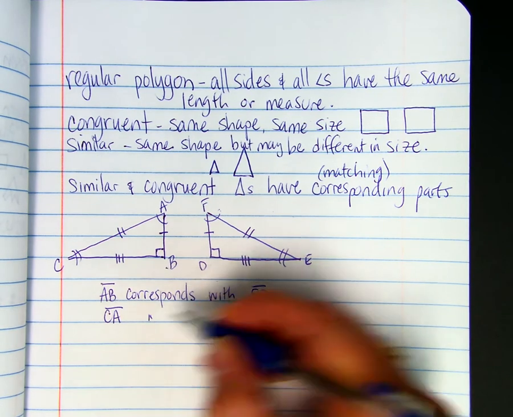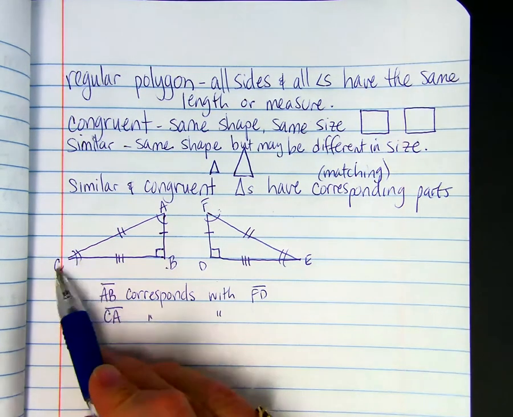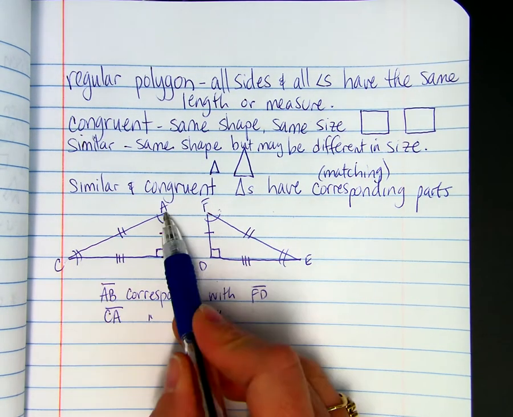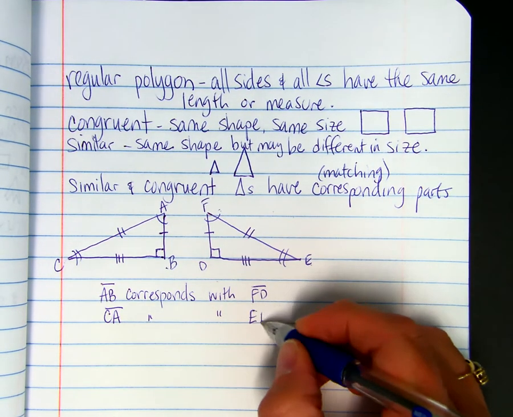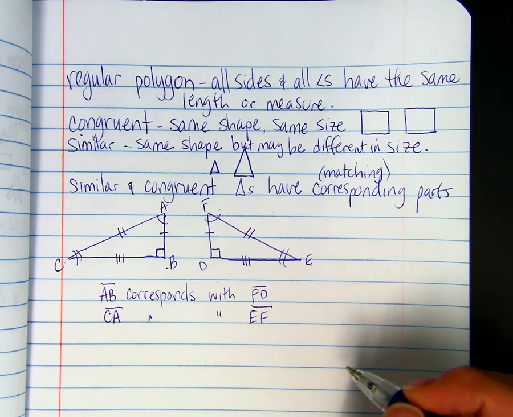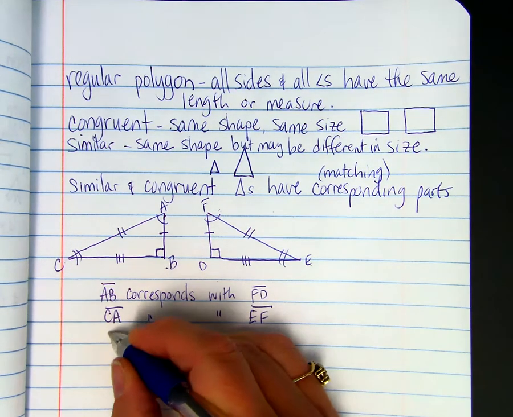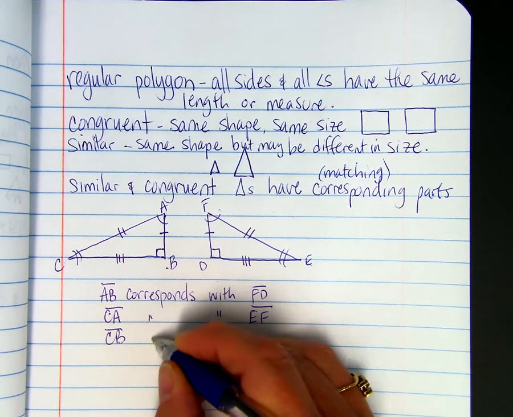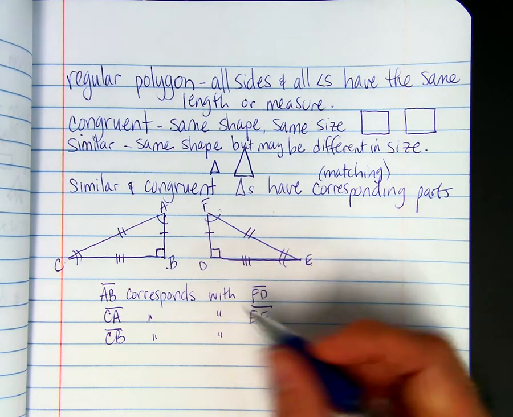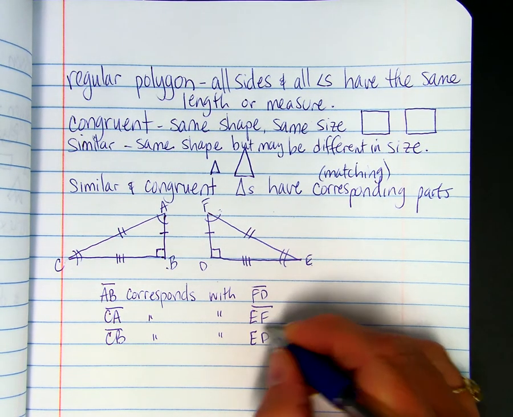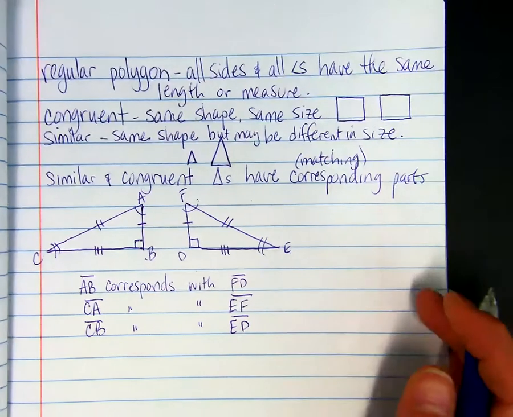CA corresponds with, so I went down here on this other acute angle up to there, so it would be EF. And then CB corresponds with ED. So the order matters how you put these labels.